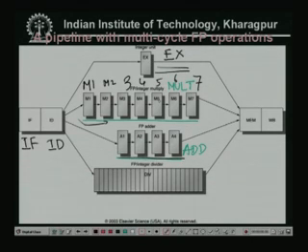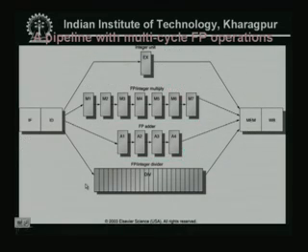This is a multi-cycle floating point operation. Now, here the data memory is accessed, this is a memory operation, and then it is a write back. So, this is one example of a pipeline with multi-cycle floating point operations.